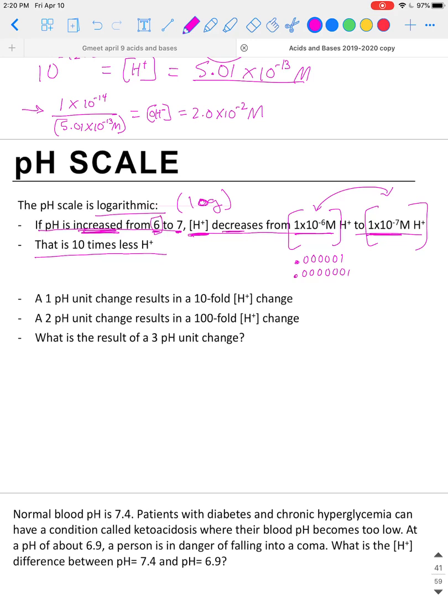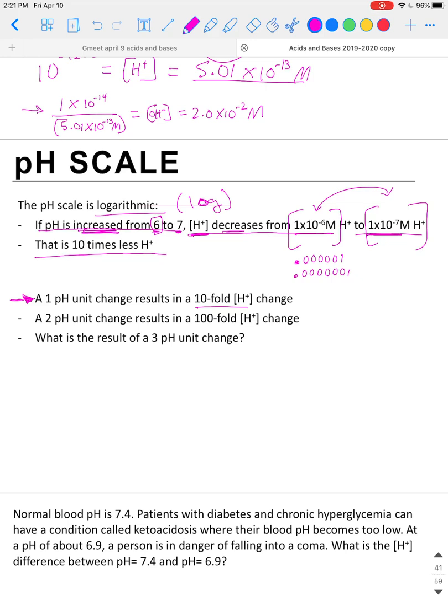A 1 pH unit change results in a 10-fold change in the concentration of H plus. Notice we didn't say increase or decrease, we just said change. If you increase pH by 1, you decrease the concentration of H plus by 10.